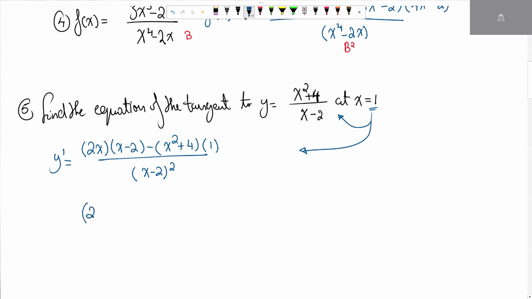I'll put 2 on a calculator times 1. And then 1 minus 2 minus 1 to the power of 2 plus 4 multiplied by 1, and all over 1 minus 2, all to the power of 2.